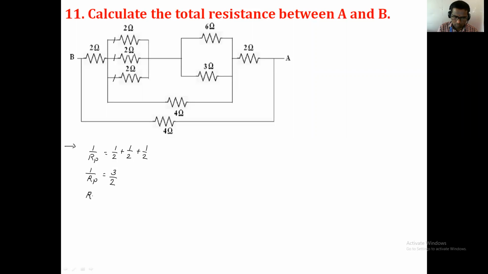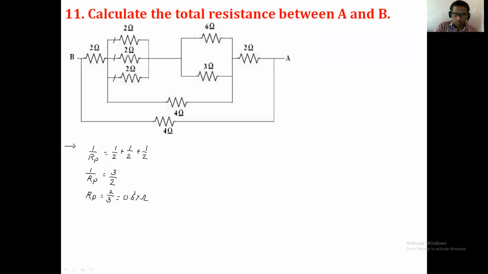Take the reciprocal: Rp is equal to 2 divided by 3, which is equal to 0.667 ohm.